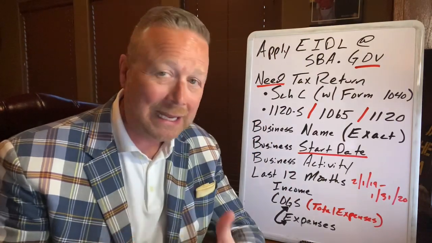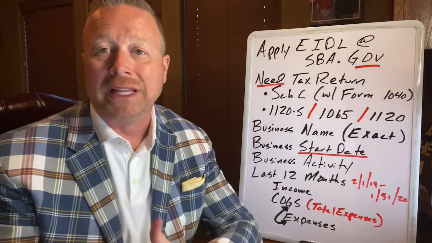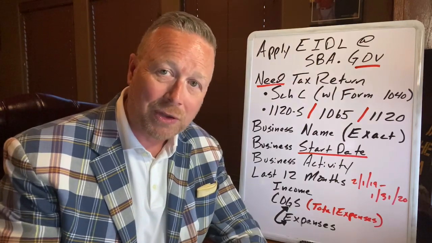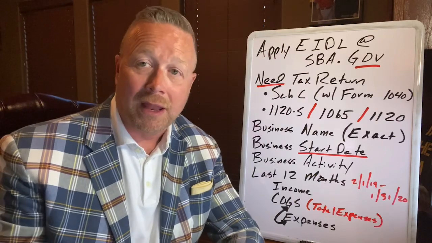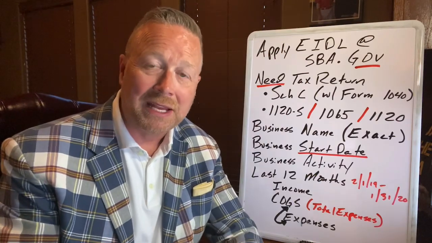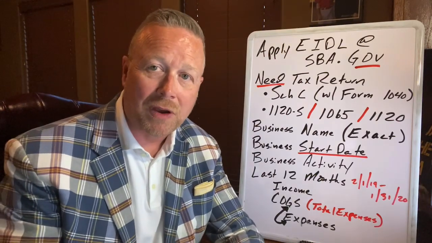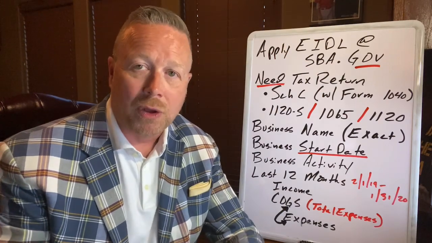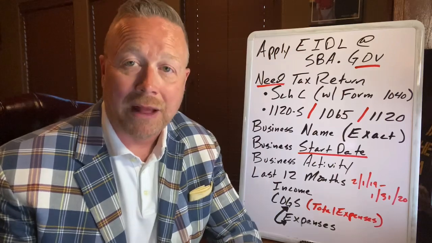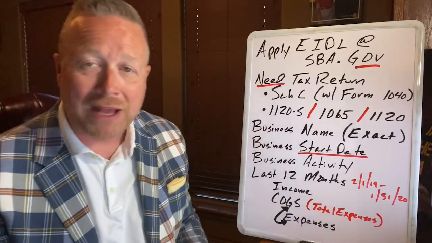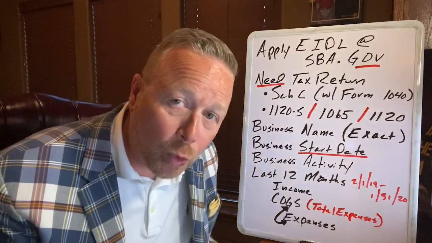So if you do it willy-nilly, it may either delay it or they won't be able to verify your business, because I have had a few clients that I didn't know they applied for it, but they did. And they said, hey, I got this notice, and they couldn't verify my business. And so we had to take steps because they just quickly filled out the information. So the name needs to match it because that's how they know it's you.